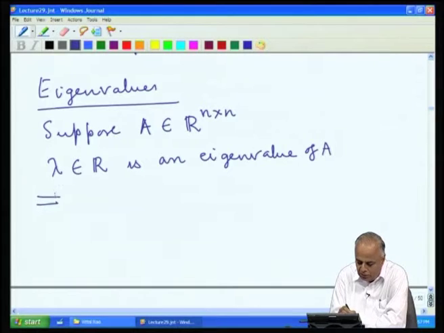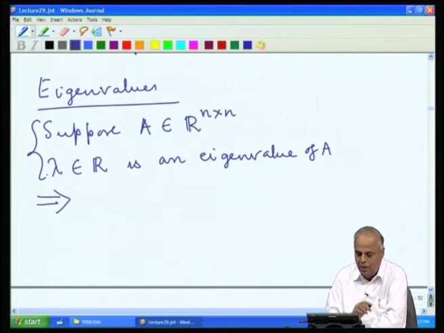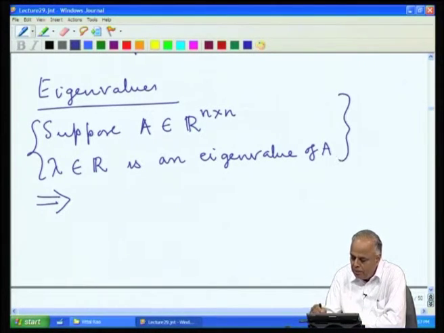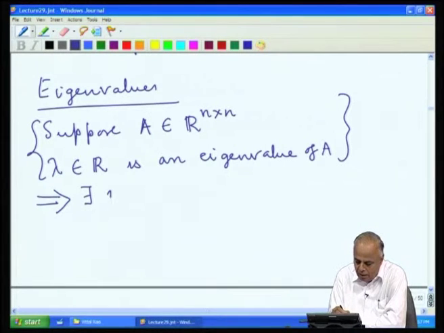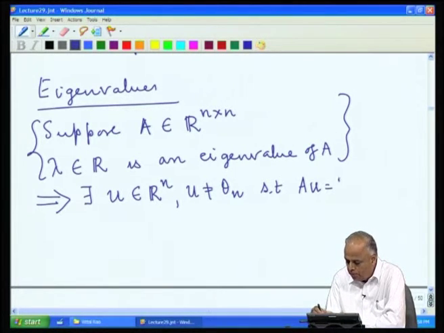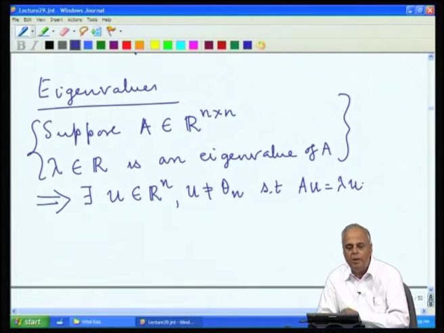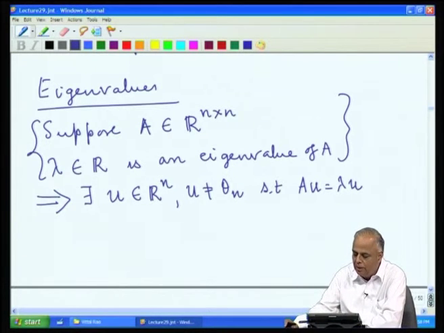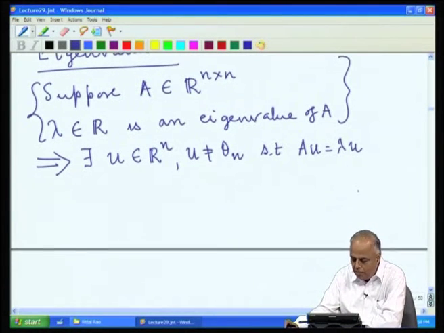This implies there exists a vector u which is not the 0 vector such that A u equal to lambda u. This is the requirement of an eigenvalue.